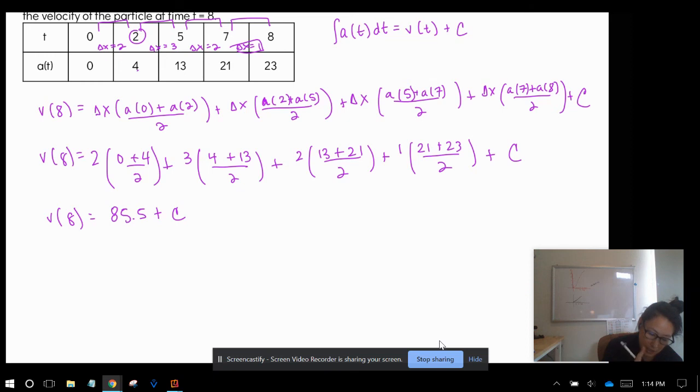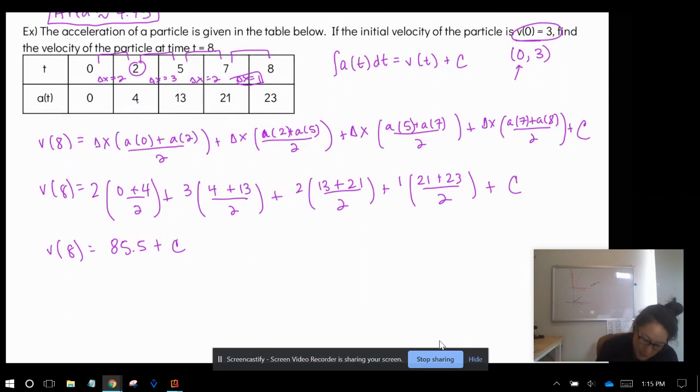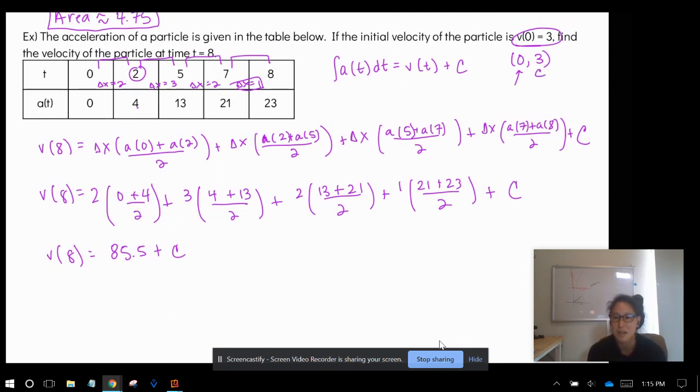And then I know from the initial statement that my initial value, the point at (0, 3), my initial velocity is 3, because at time 0 it says the velocity is 3. So this is my c value because it's the y-intercept.